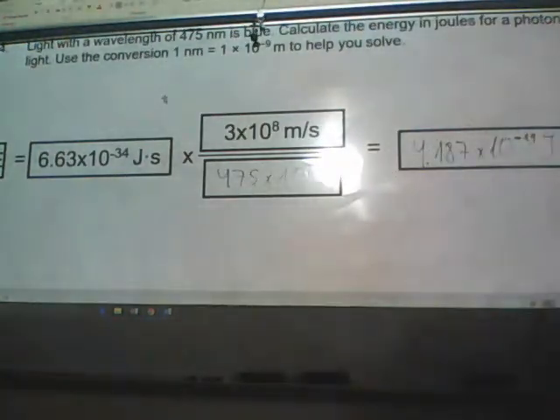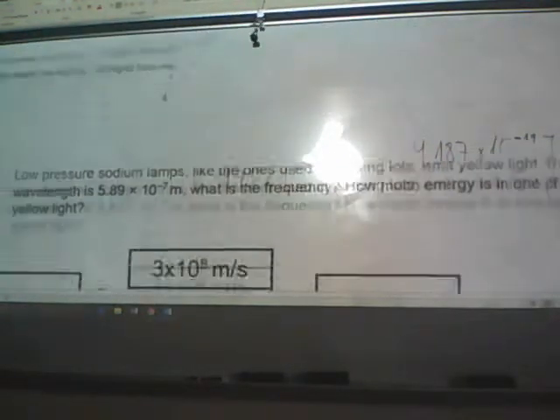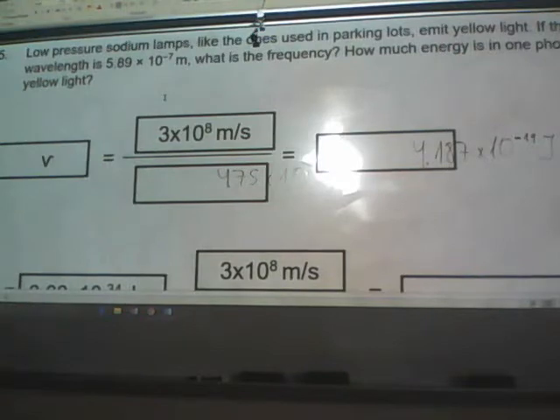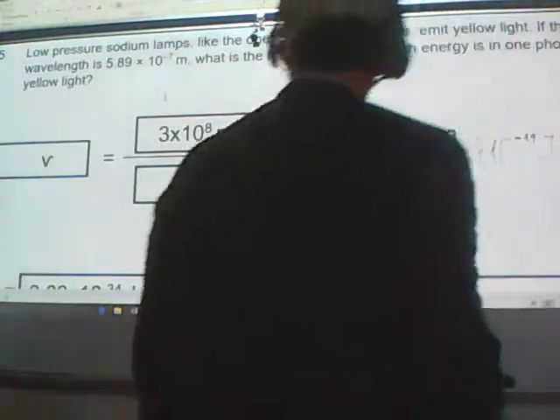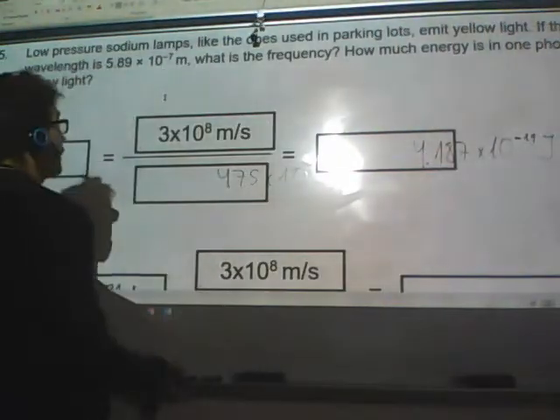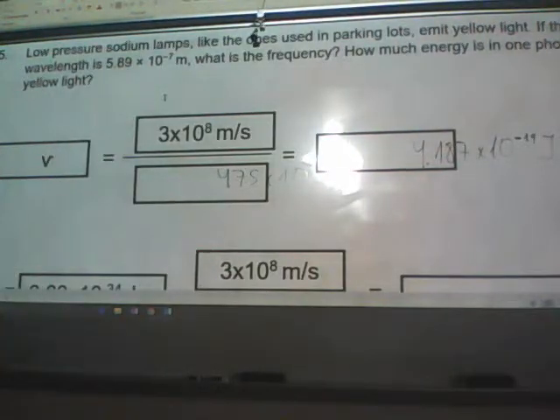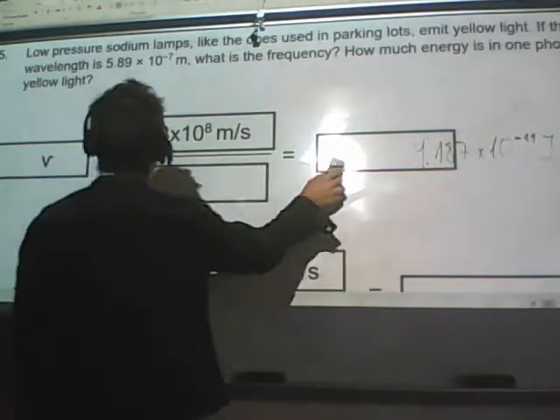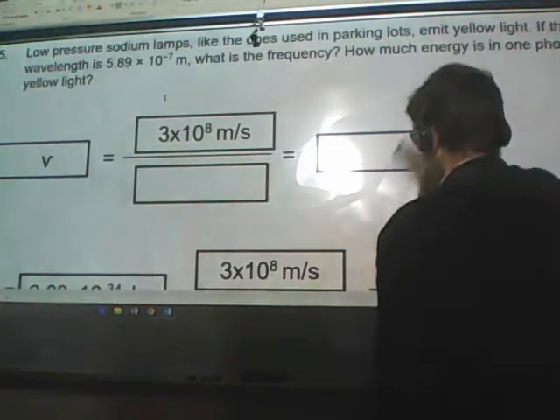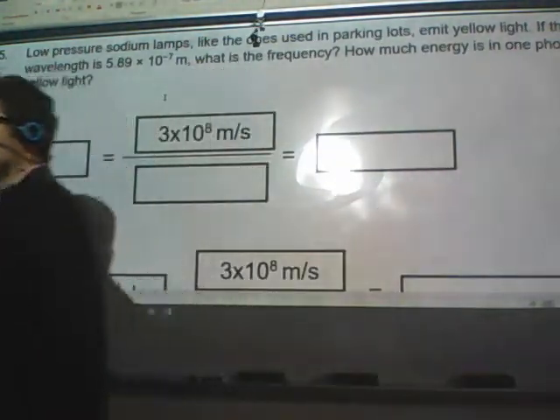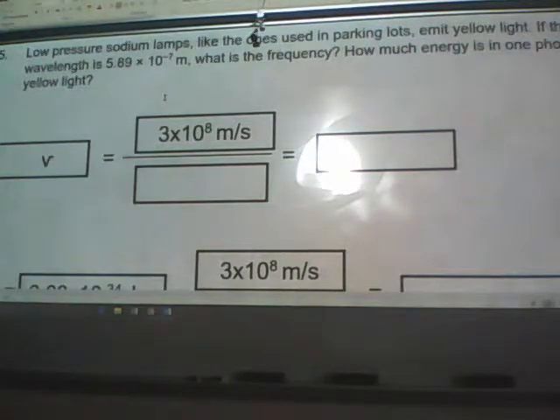Next one. Low pressure sodium lamps like the ones used in parking lots emit yellow light. If the wavelength is 5.879 by 10 to the power of minus 7, what is the frequency? It has two questions.